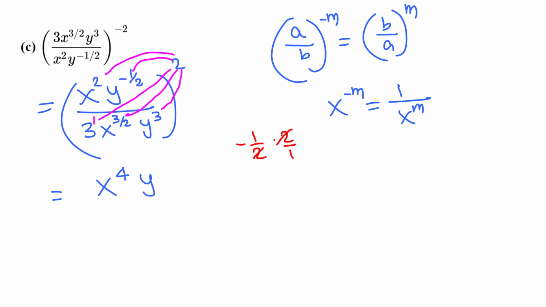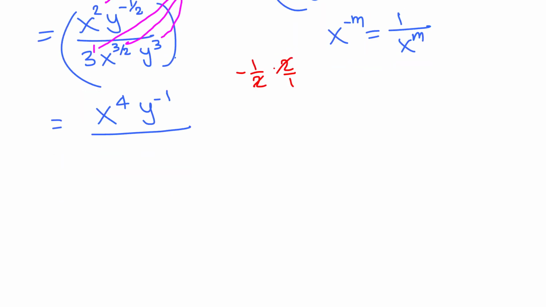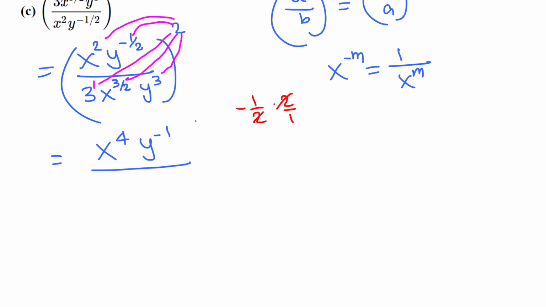So negative 1. That's on the top. All over, let's look at the bottom. That's 3 squared, that's 9. X to 3/2 times 2, that's 3. So x cubed. Y raised to 3 times 2, 6.